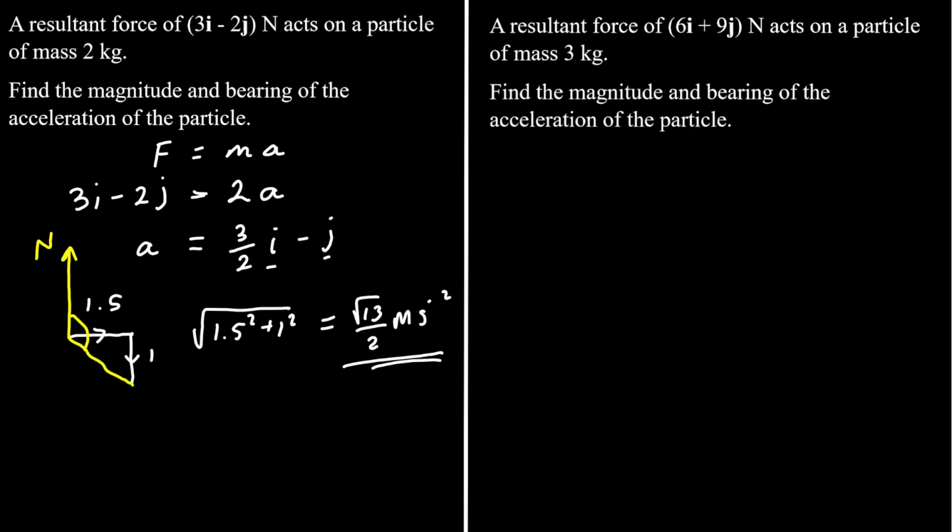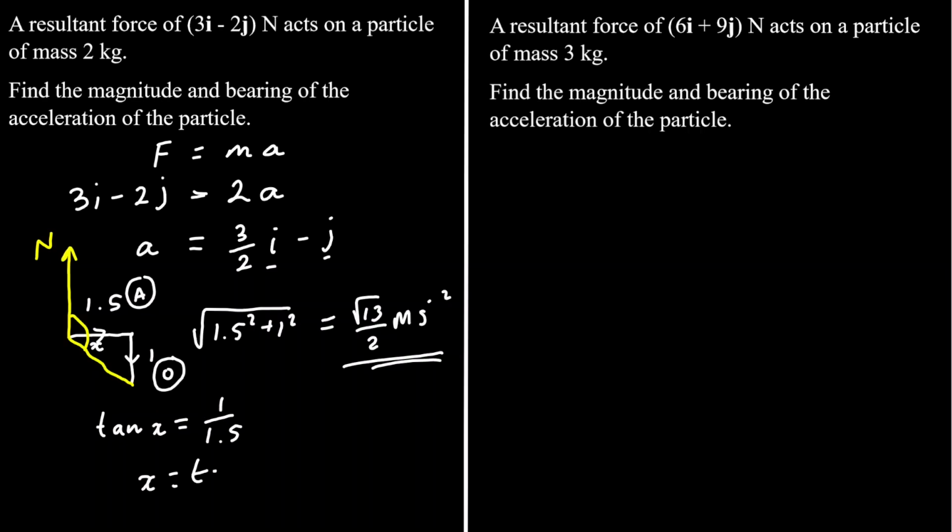And the bearing, so if we work out the angle x here, so it's opposite and adjacent, and then we'll add 90 onto it. So tan x is TOA, O over A, 1 over 1.5.